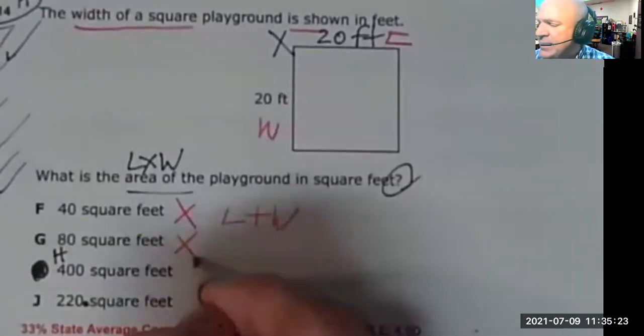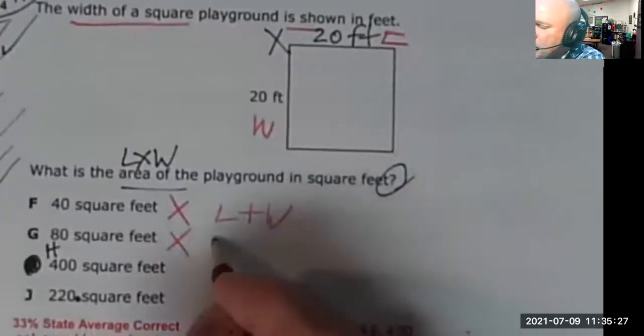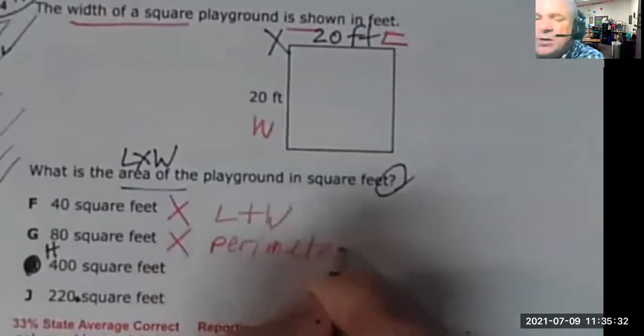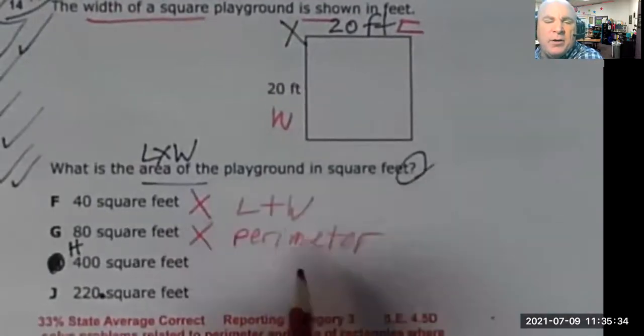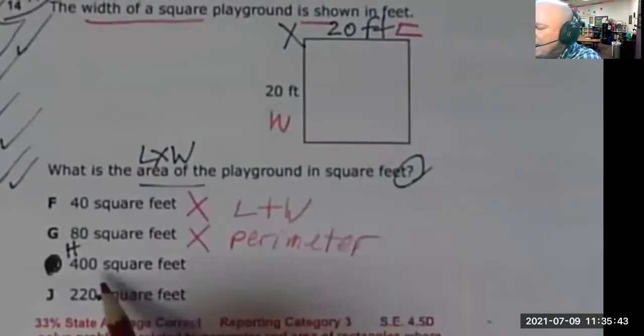We said that 80 square feet would be the perimeter. Add up all sides. They didn't ask us for the perimeter, they asked us for the area. 400 is our answer. 220.